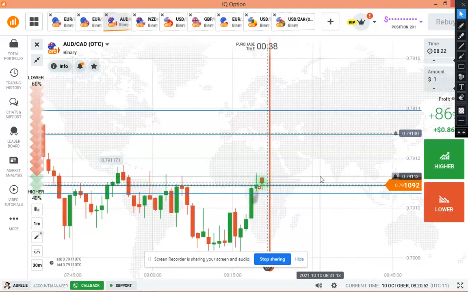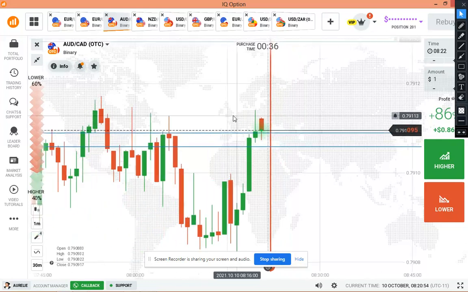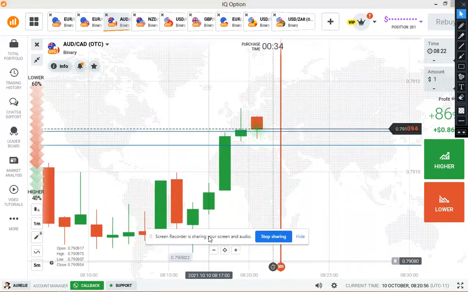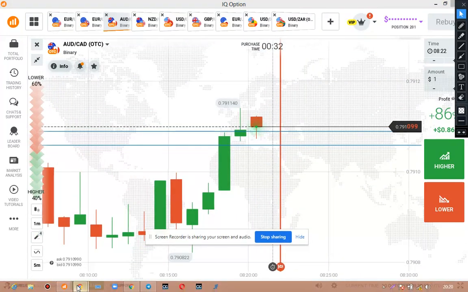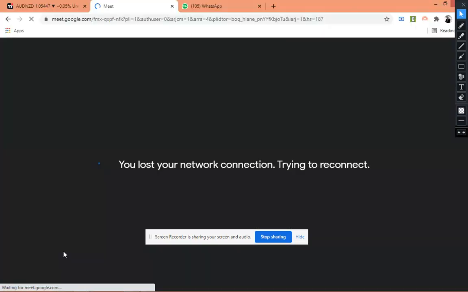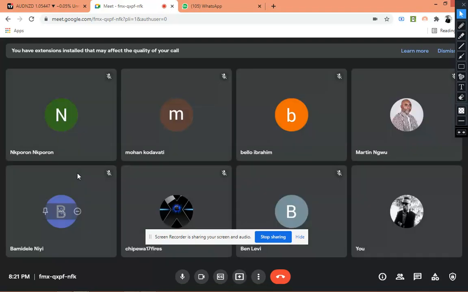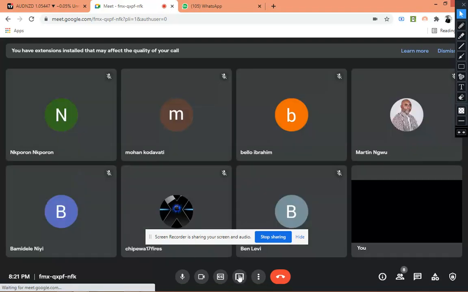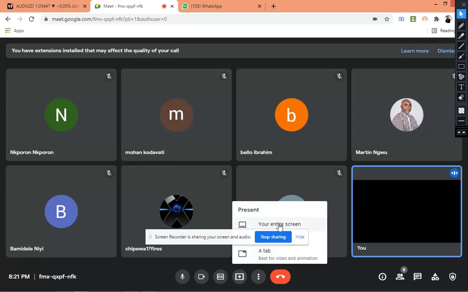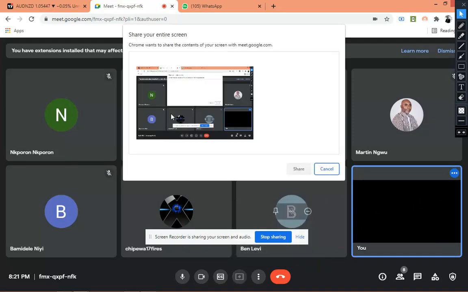Very small green candle, no sign of sellers. Okay, I think one last, let me check one more example, then we call it a day.